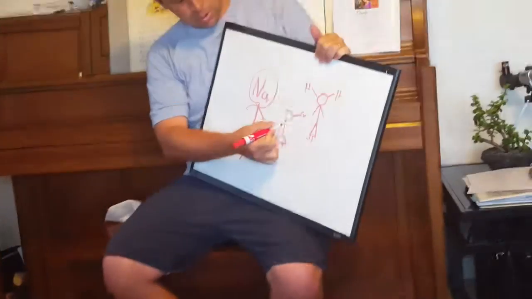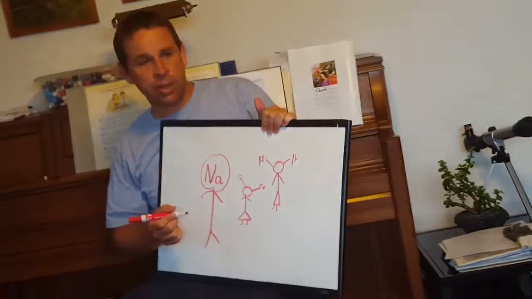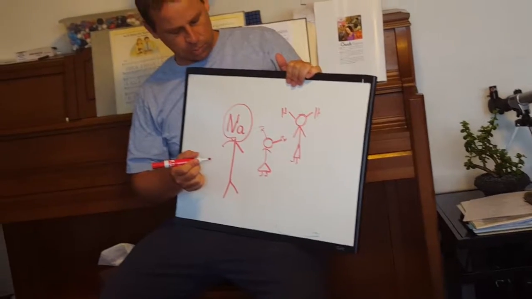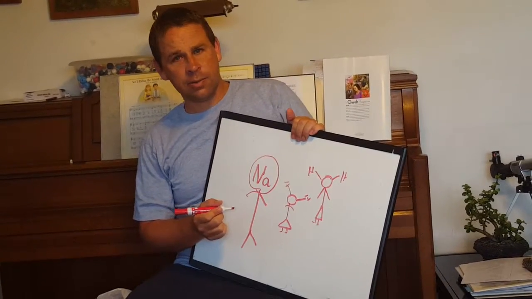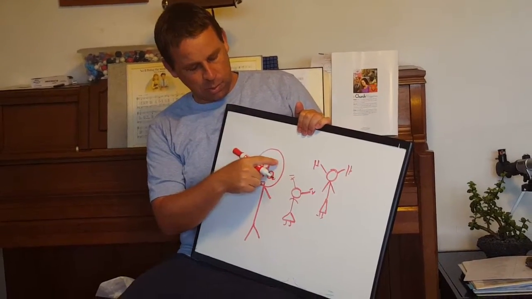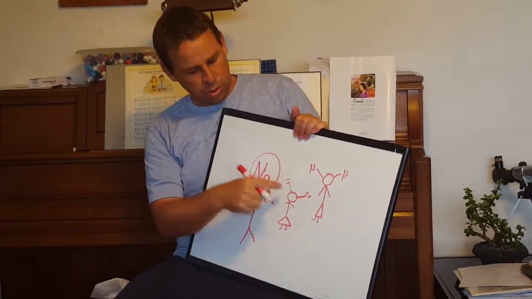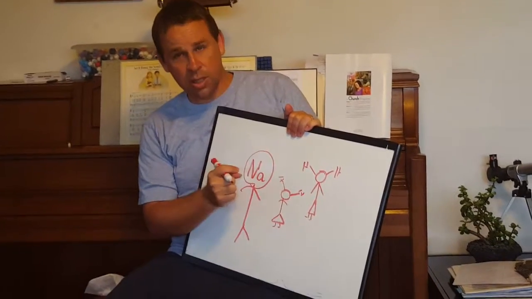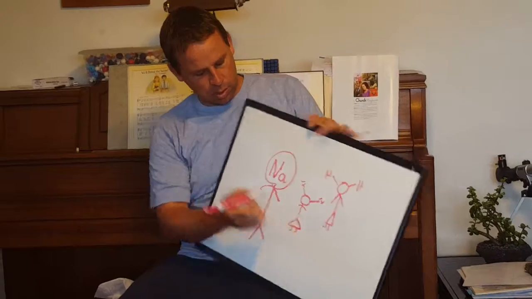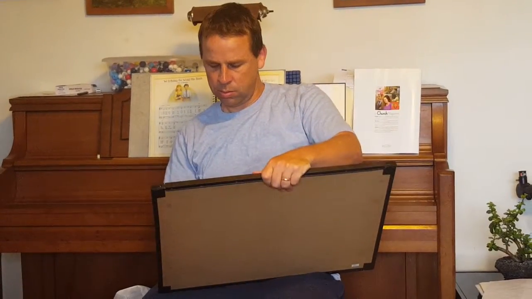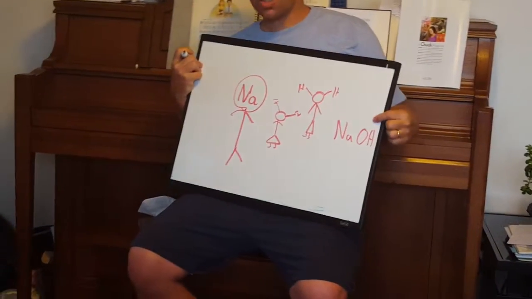See these friendly little water molecules? It gives an electron to this oxygen here and makes sodium hydroxide, like that.